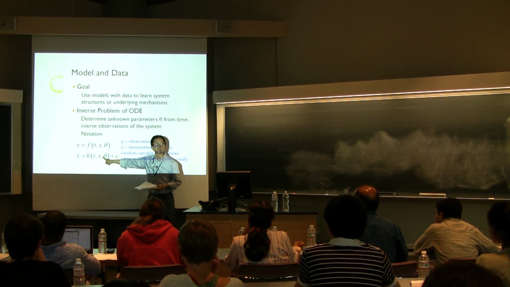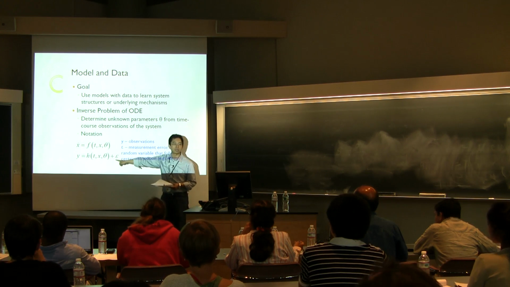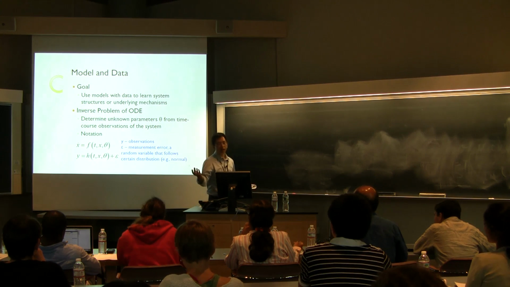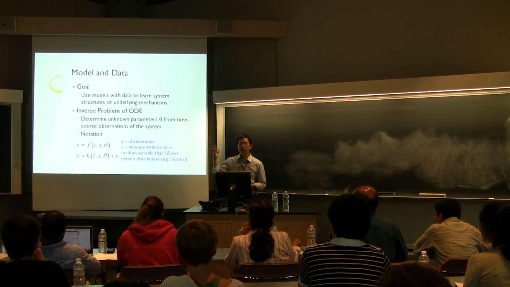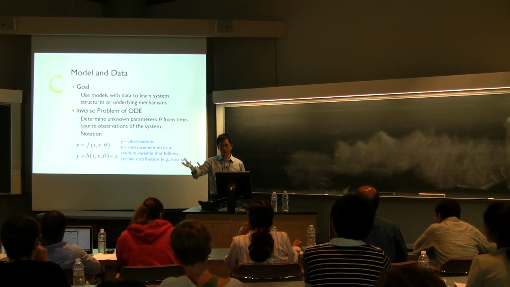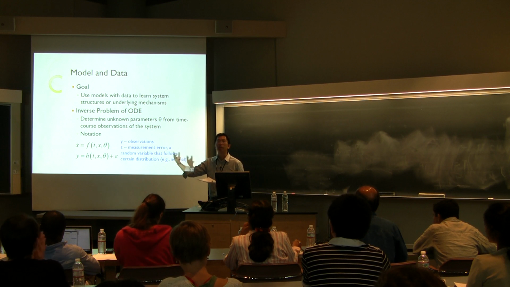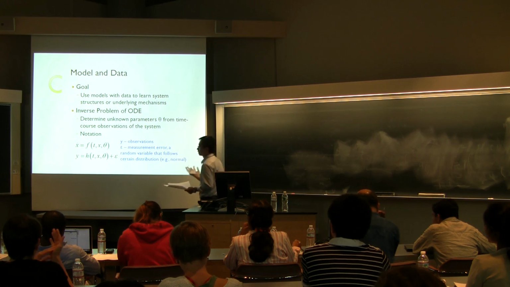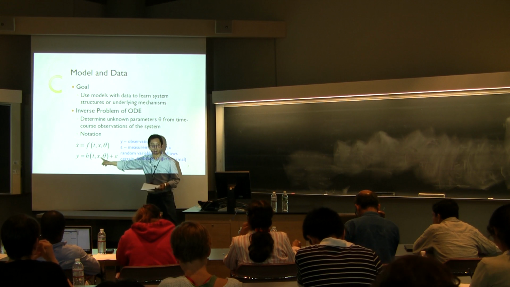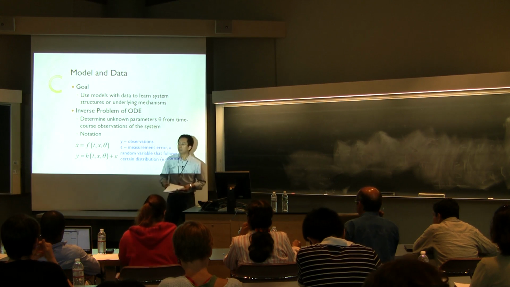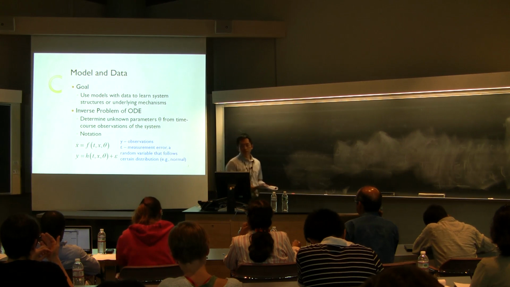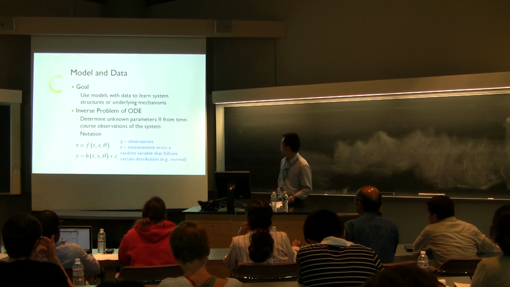Just because what you measure may not be the x itself, okay? You may measure a function of x. For example, you measure the total of T cells instead of measuring the uninfected T cells and infected T cells separately, okay? So that's a very simple function, just T plus T star here. However, this is a general form. What's important here is epsilon, a measurement error.